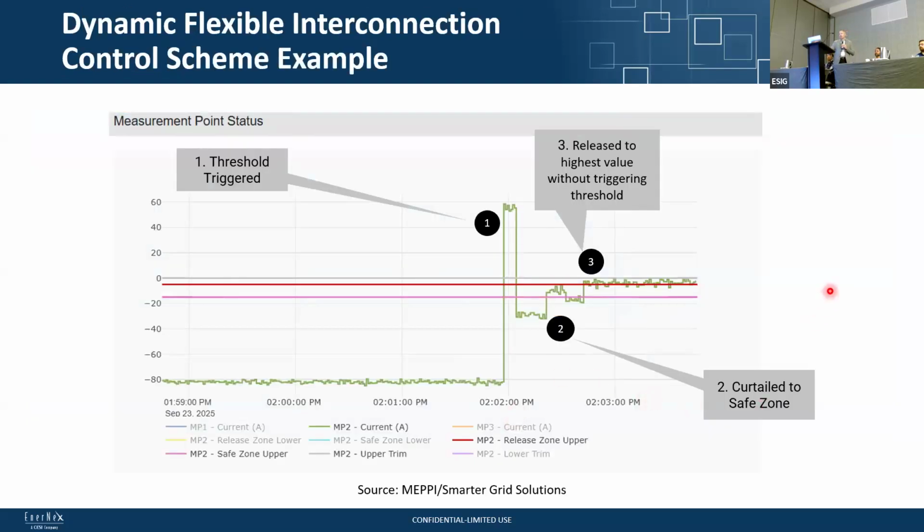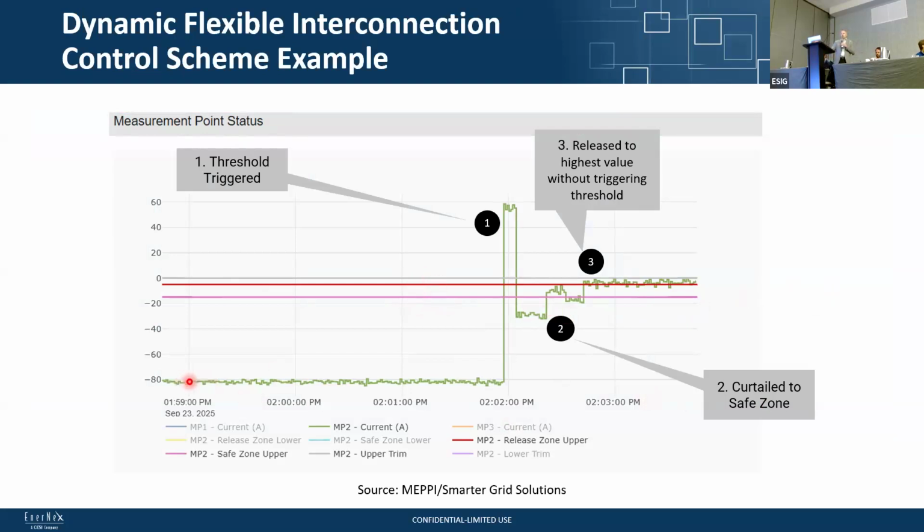This is just a screenshot from one technology vendor that does more of that real time flexible interconnection, where it is looking at multiple monitoring points. What we're seeing here is there are a few different thresholds that would trigger a reaction.